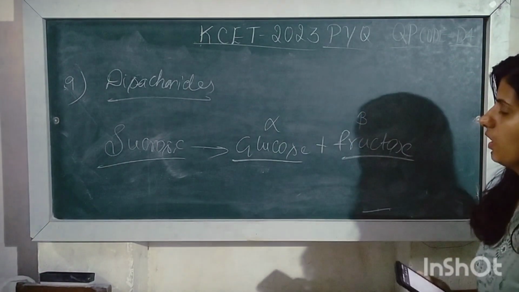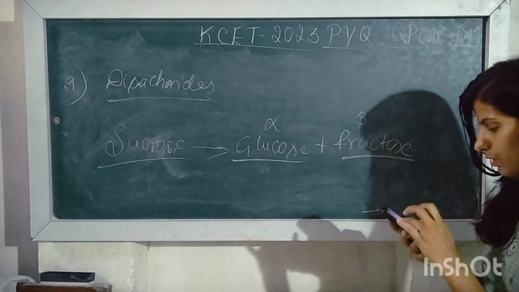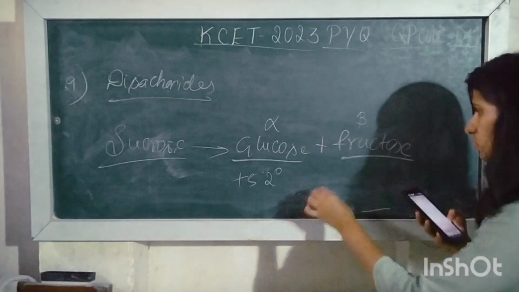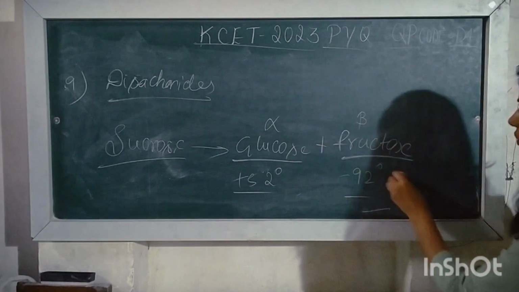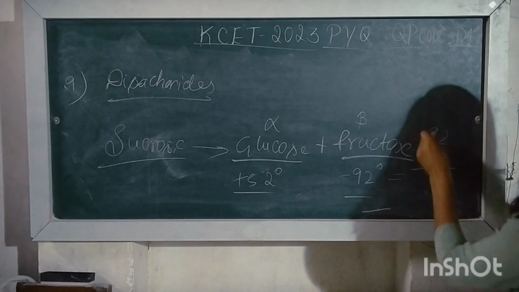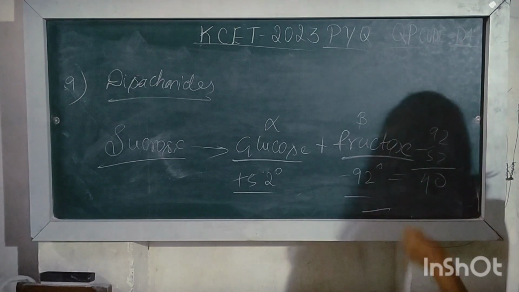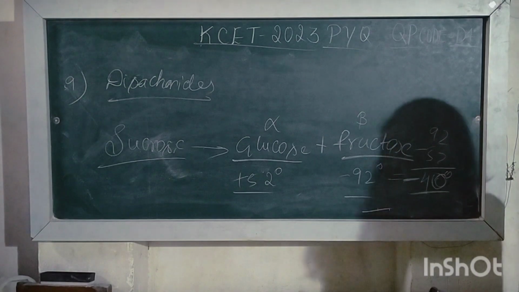Here, if we look into its optical activity, we know that glucose shows plus 52 degree rotation and fructose shows minus 92 degree rotation. If we add these two values, what is the overall value we are going to get? 92 minus 52, that is 40, right? So minus 40 degree. Minus indicates it's levorotatory.